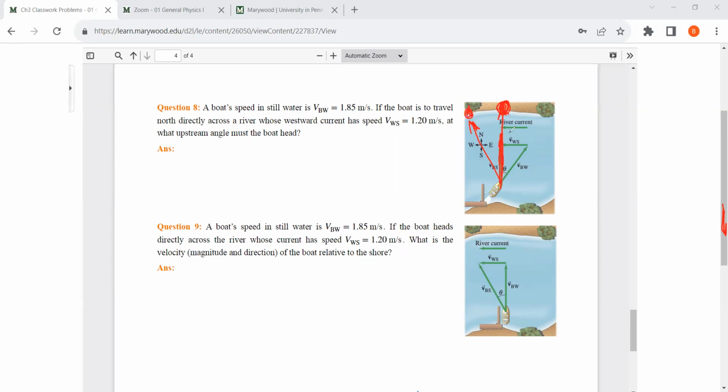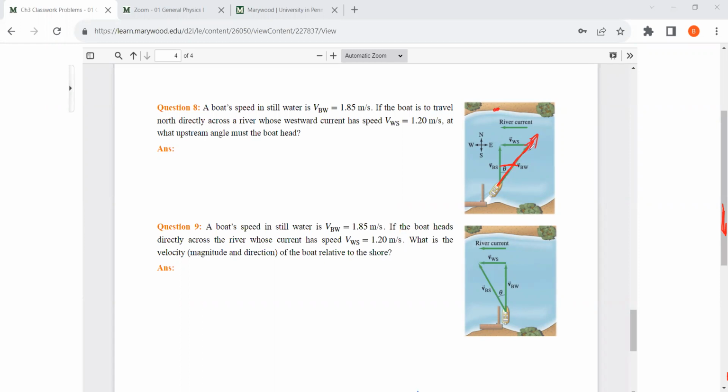So to avoid this, the boat needs to go in this direction, then the river current will bring it here. Now we need to understand at what angle the boat needs to go in this direction.